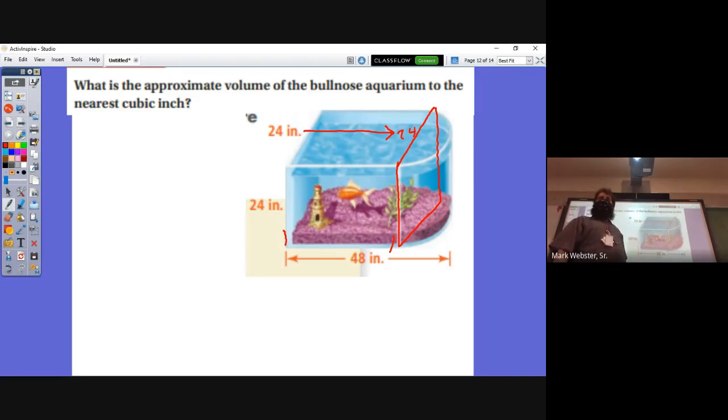Well, if the diameter is 24, what's the radius got to be? Just cut it in half. Right, this piece is 12. Well, if the radius is 12, this whole thing is 48, right? So this part's 12. What's left over for this part?